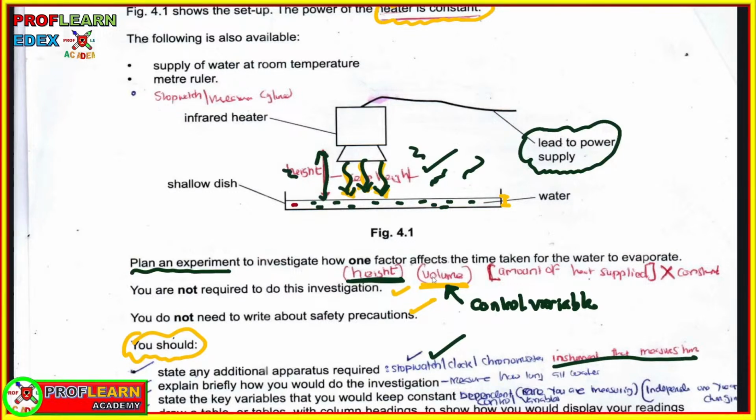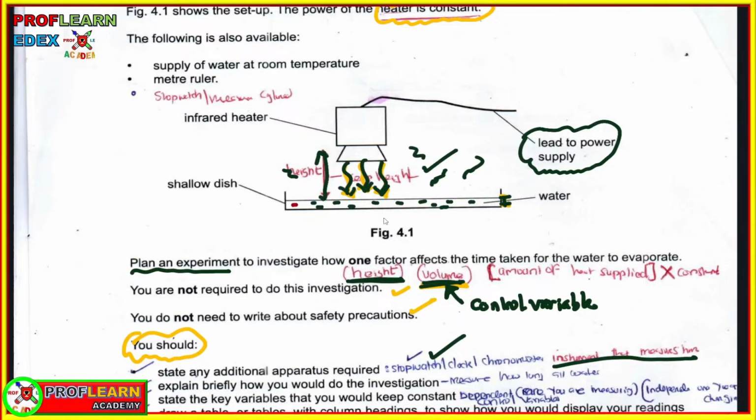Another factor is the volume of water here. If you have a small volume of water, it will evaporate quickly. Also, we can talk about other factors like drought, wind blowing here. It can also affect the rate of evaporation. Even the surface area, how large the surface area of the dish is, can also affect.